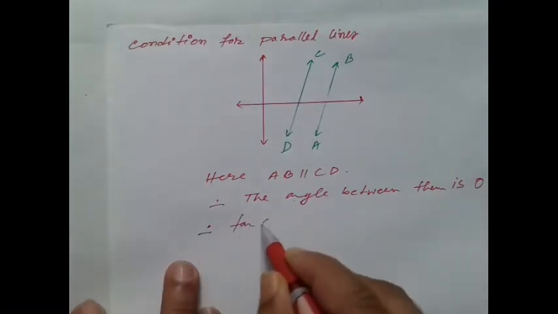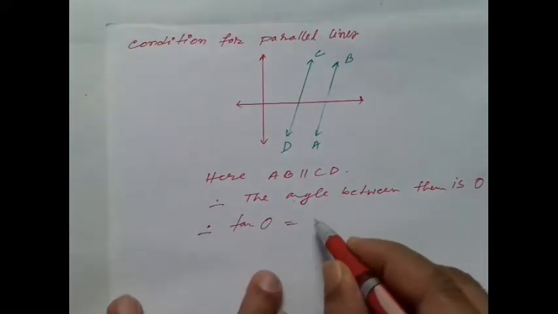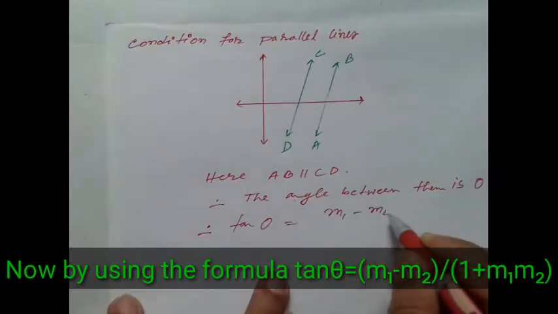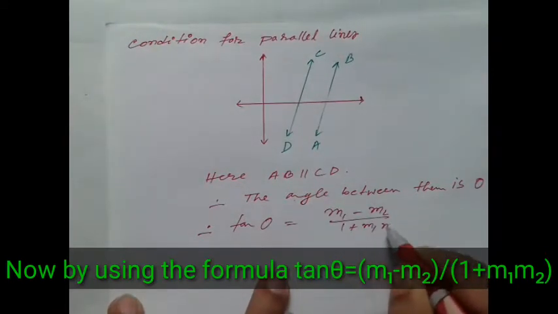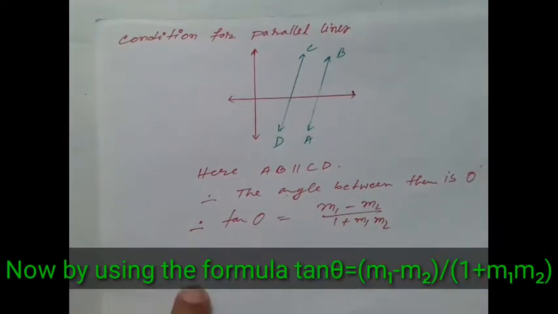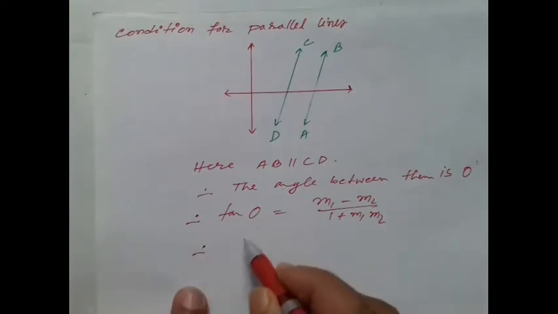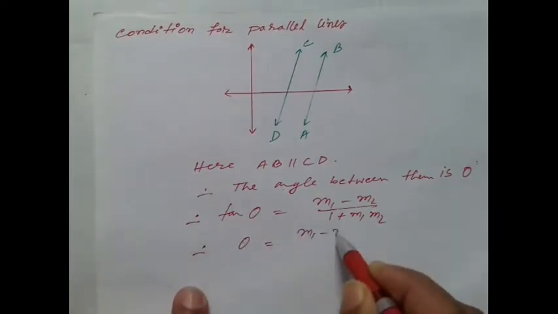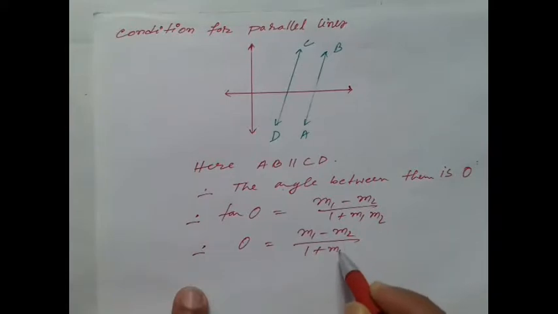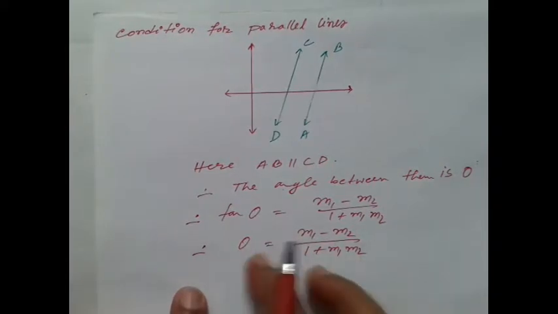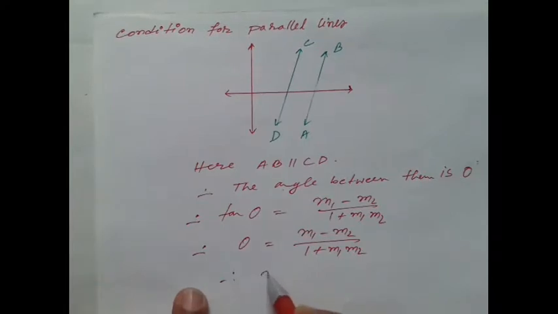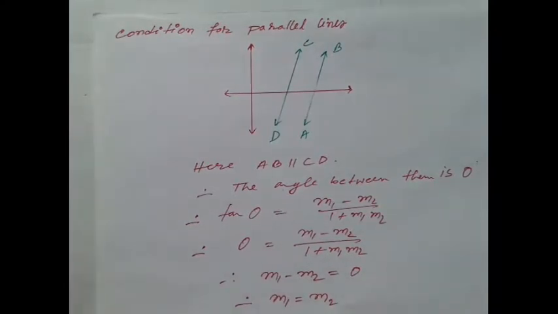Therefore tan 0 equals (m1 minus m2) by (1 plus m1 m2). Okay, therefore tan 0 is 0, so (m1 minus m2) by (1 plus m1 m2) equals 0. Now by multiplying, 0 into this means 0, therefore m1 minus m2 equals 0, therefore m1 equals m2.